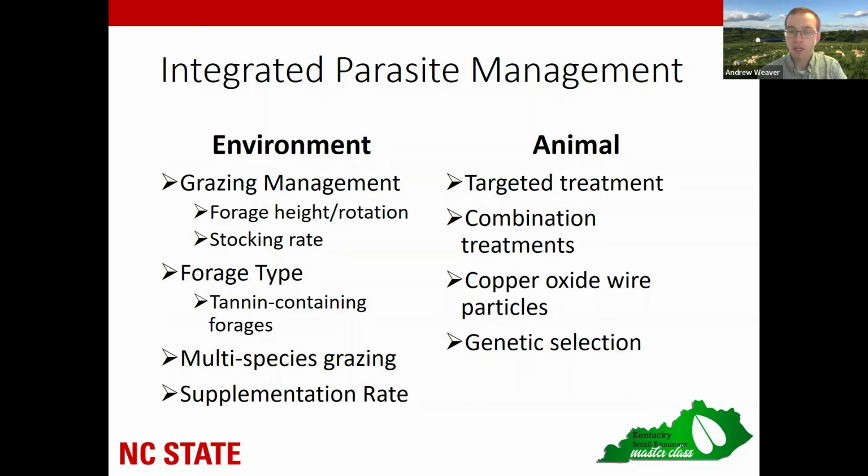By utilizing combination treatments, we can more effectively treat those animals that need treatment with that biochemical means. We can also utilize copper oxide wire particles, and these are safe to be used in sheep as well. And then genetic selection can be a great tool to be integrated into our parasite management plan.